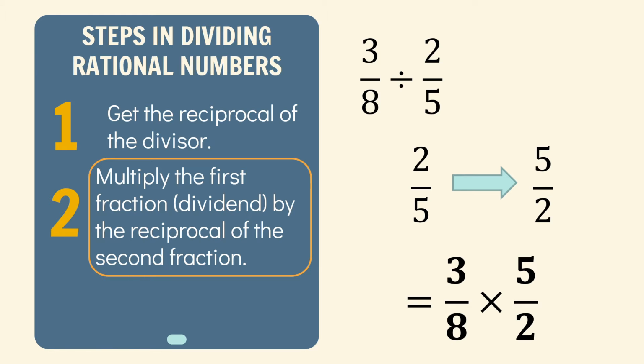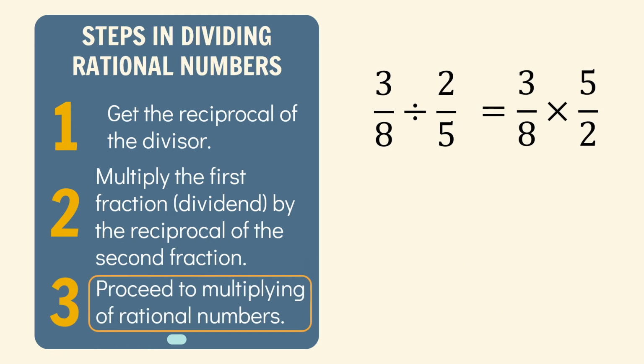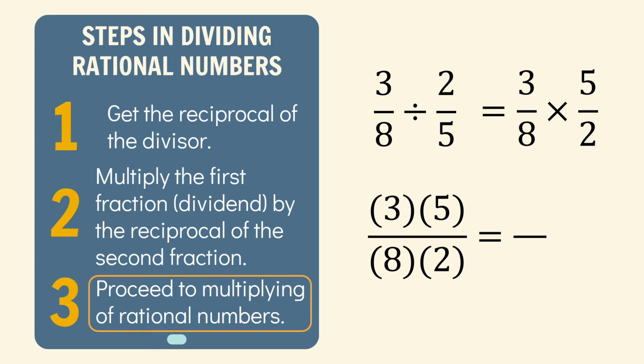And the last step is the multiplying of rational numbers. So 3 over 8 times 5 over 2 equals 3 times 5, 15, and 8 times 2 equals 16. So in this case, 15 over 16 is already in its lowest term.